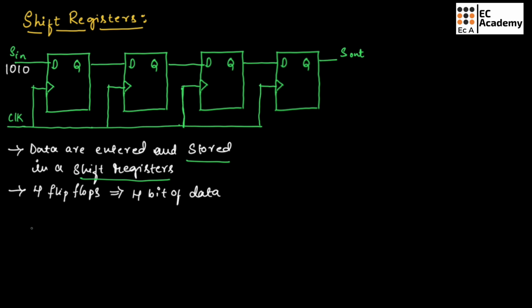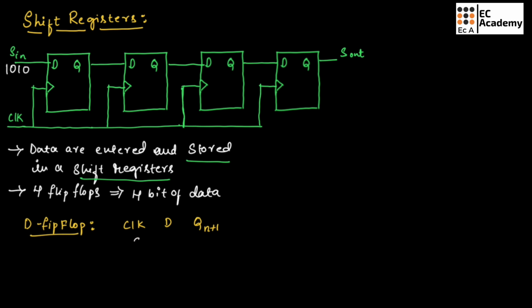Before going to the operation of the shift register, let us understand the working of the D flip-flop. It has a clock signal along with the input D and output Q. Generally we call Q as Qn+1. Qn+1 specifies the output of the D flip-flop after applying the clock.